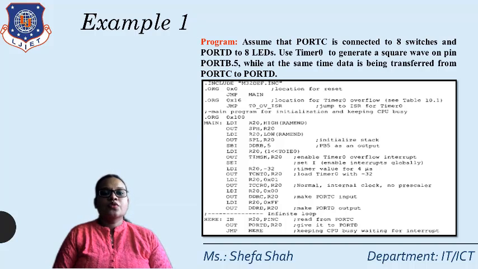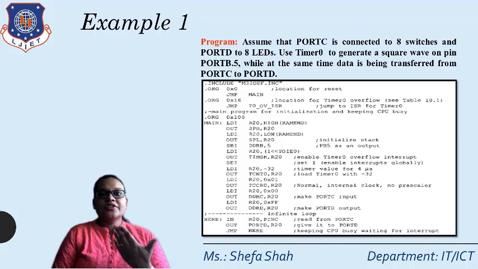Now we need to monitor the interrupt flag of timer 0, which is in the TIMSK register. First we set TOIE0, the timer overflow interrupt enable, in the TIMSK register, so based on these two instructions we are enabling this flag.